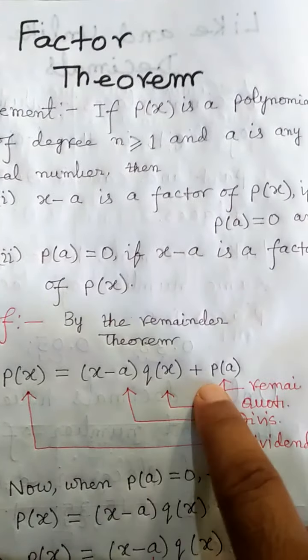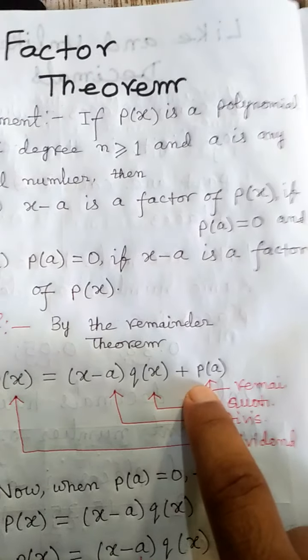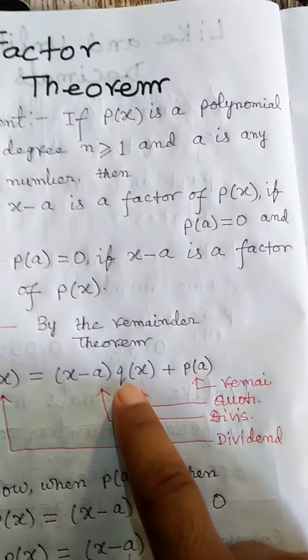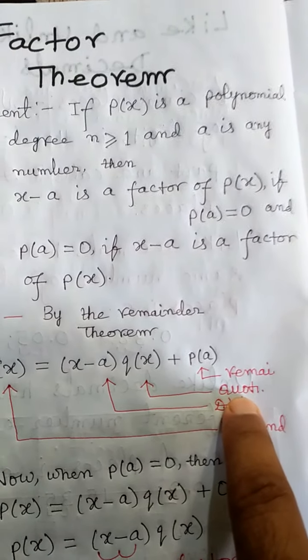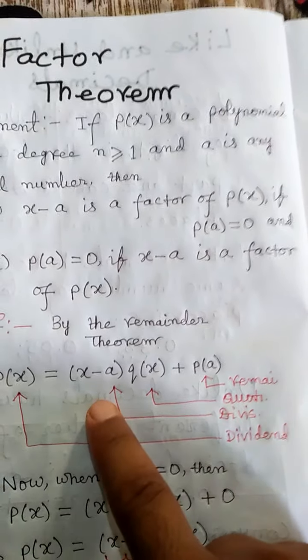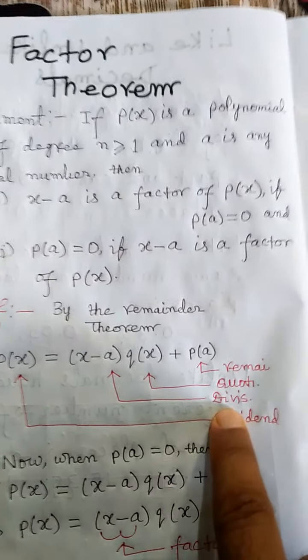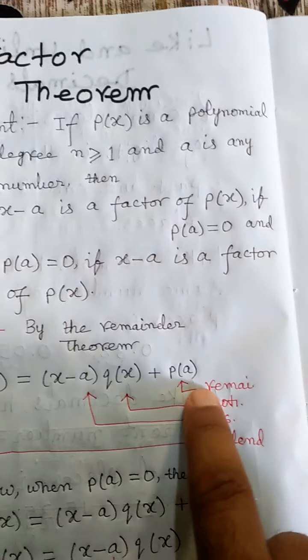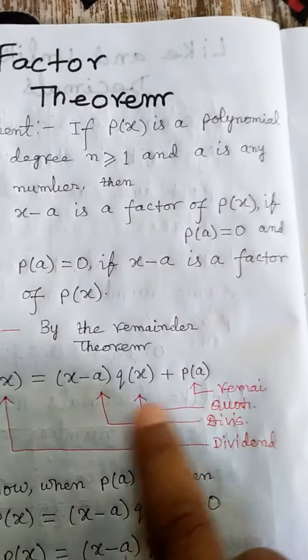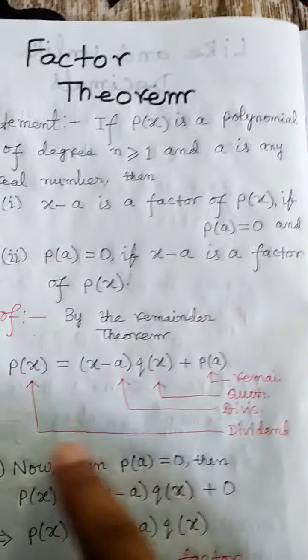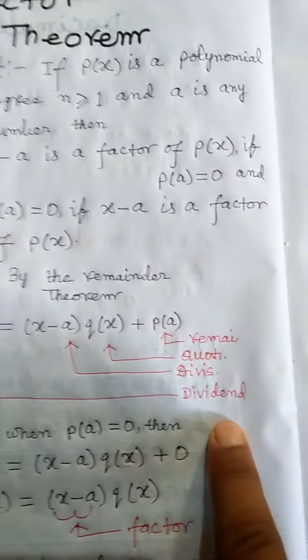This gives us remainder P(a). Q(x) is quotient, x minus a is divisor, and P(x) is dividend. When P(a) is equal to 0, then this divisor will become a factor of this P(x).